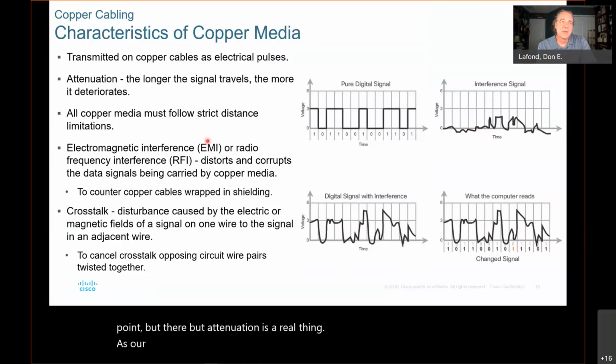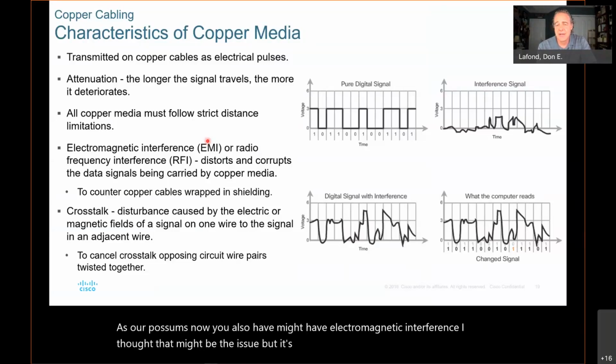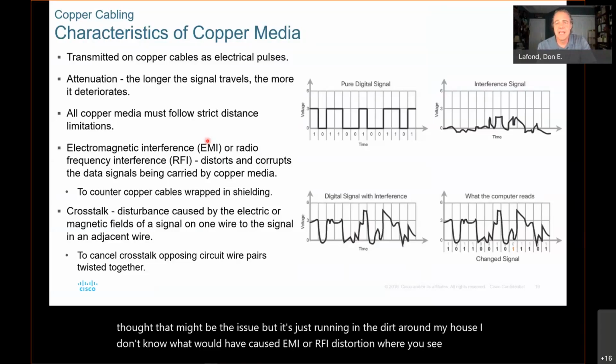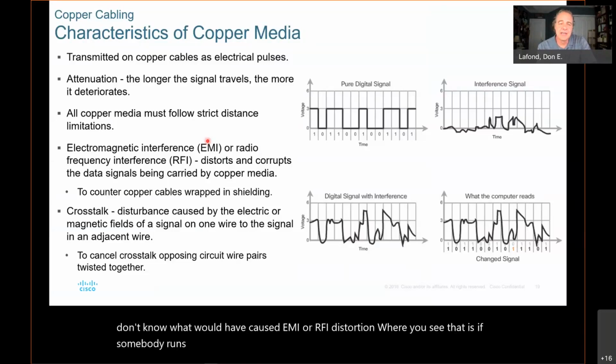Now, you also might have electromagnetic interference. I thought that might be the issue, but it's just running in the dirt around my house. I don't know what would have caused EMI or RFI distortion. Where you see that is if somebody runs a cable, say, in a business overhead, and they run it over fluorescent lights, depending on the cable, they're going to run into a problem.